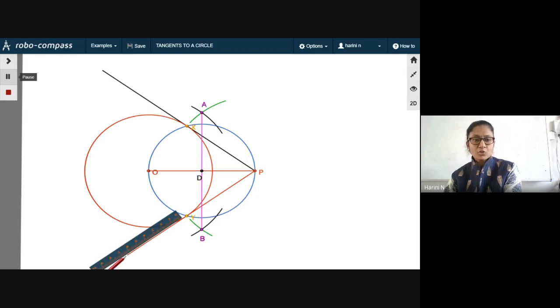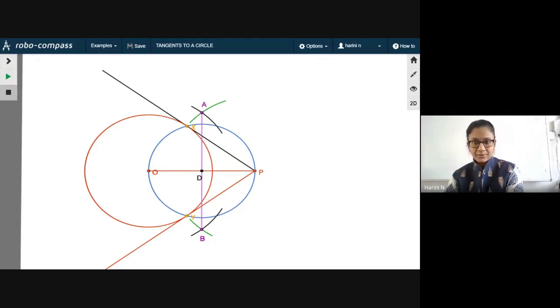I am extending it to show that those are the two tangents that we require. So your PX and PY are the tangents to the given circle with center O from a point P, which is at a distance of 10 centimeters from the center O. So we have achieved the two tangents.